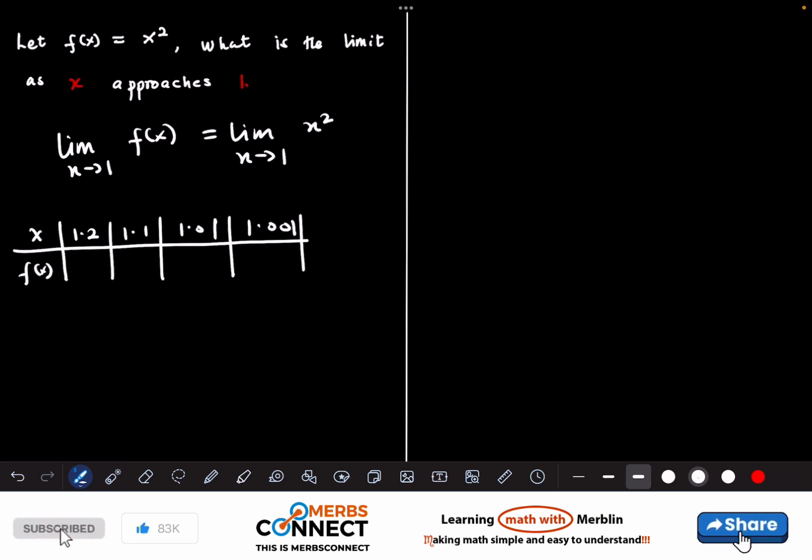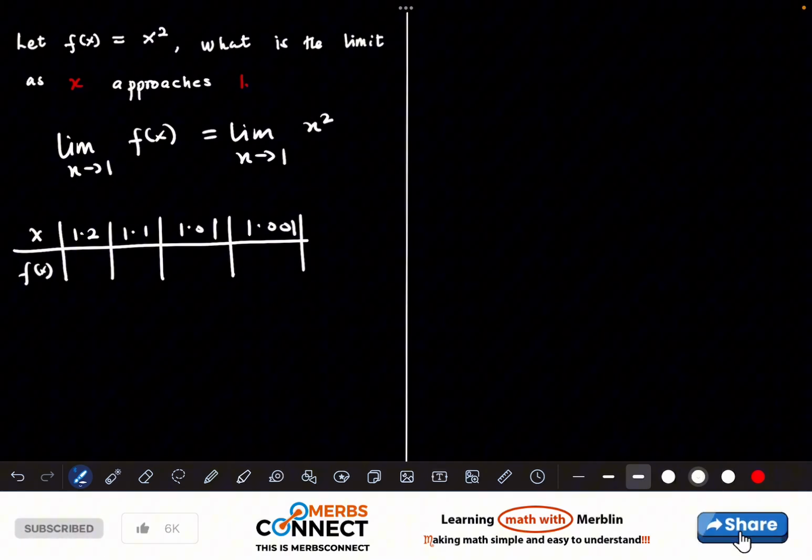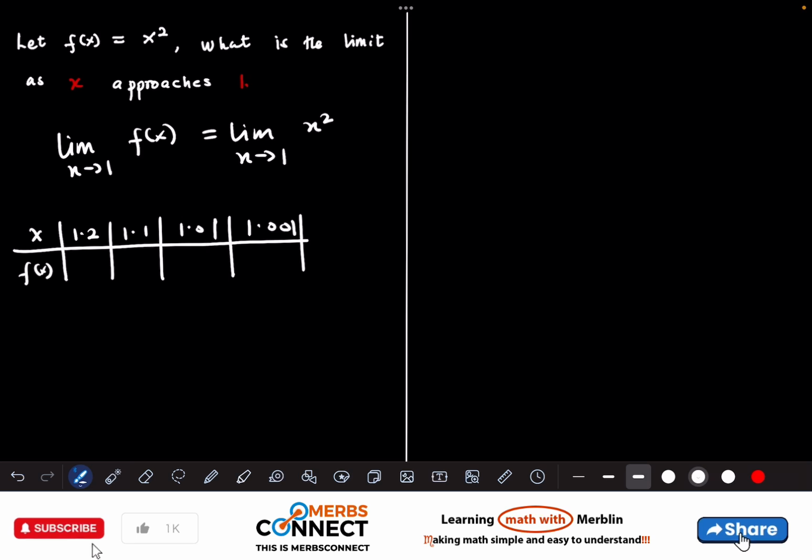We remember from average rate of change that if we want to plug in something, the first thing is to put the function in parentheses.